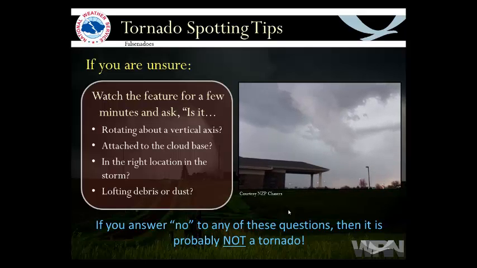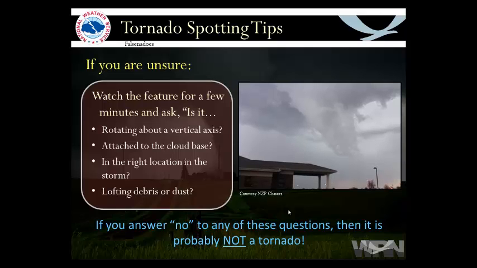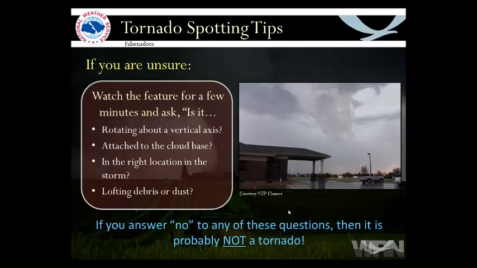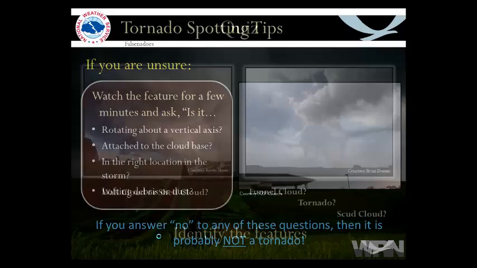So even though it's low-hanging and it looks ominous, it's not clicking these check boxes that we have as a spotter. No rotation on a vertical axis, no rotation on the ground or in the cloud. No evidence of an updraft into this area either. It's probably on the leading edge of a downdraft, as a matter of fact. So the answer in this case would be no.